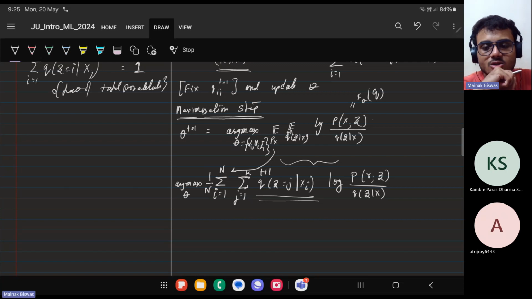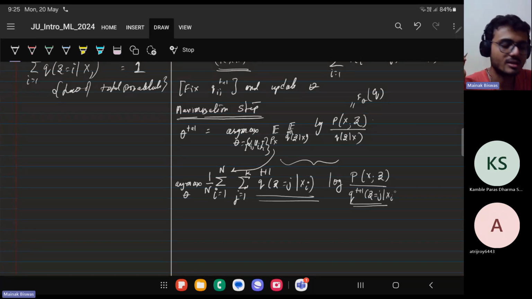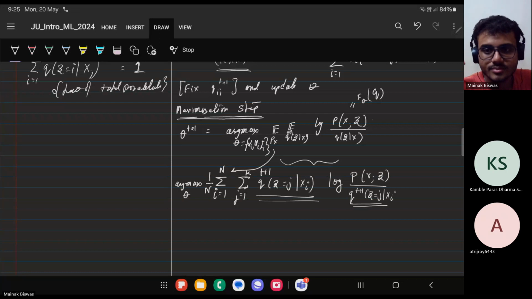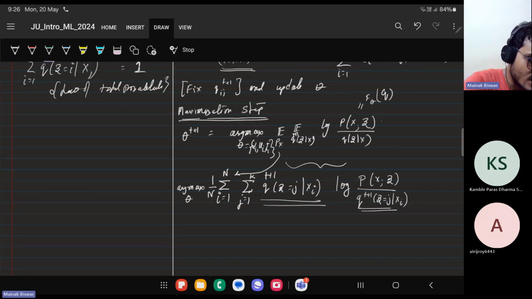So now my question to you is, how do I get the values of this? This I already know, right? This term, t plus 1, z is equal to this, xi, correct? Then you can cancel out. Oh no, sorry, log. This is a constant, doesn't depend on theta.